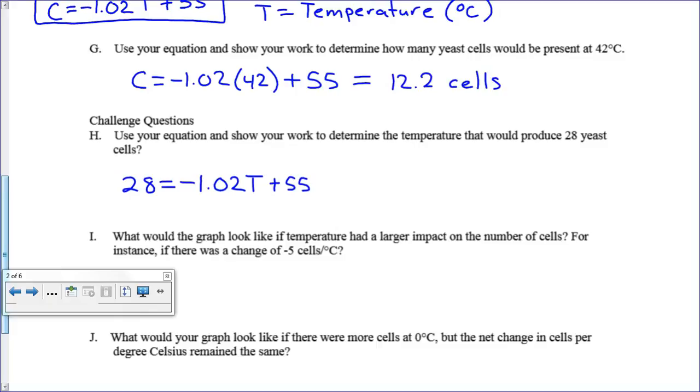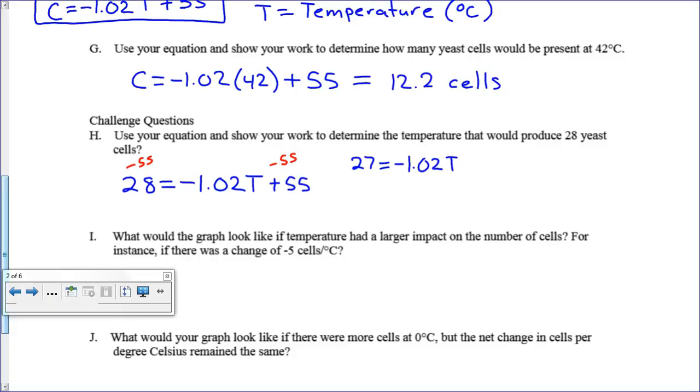Then what I'm going to do is I'm going to subtract 55 from both sides. And I get negative 27 equals negative 1.02 T. All right, now I'm going to divide both sides by negative 1.02.